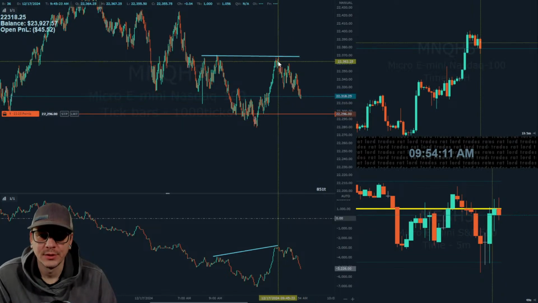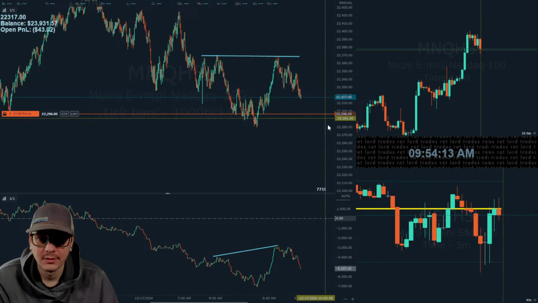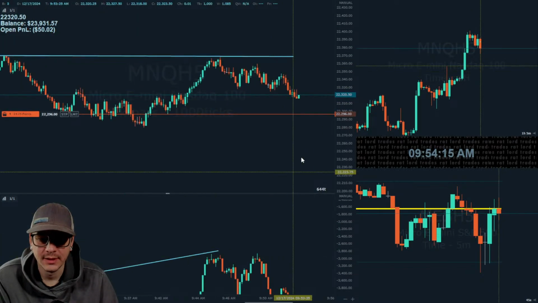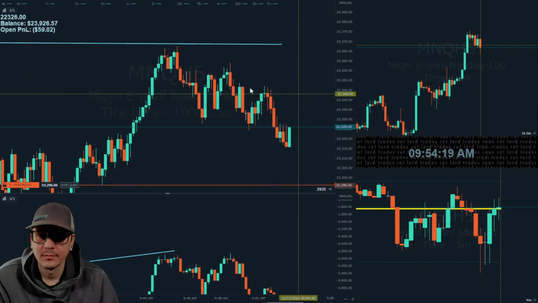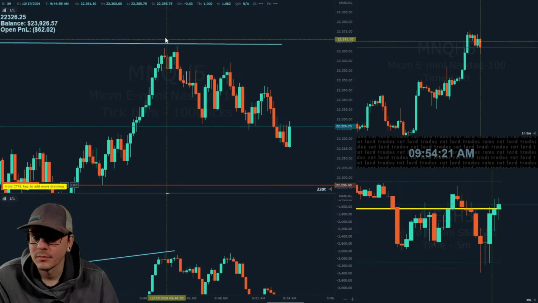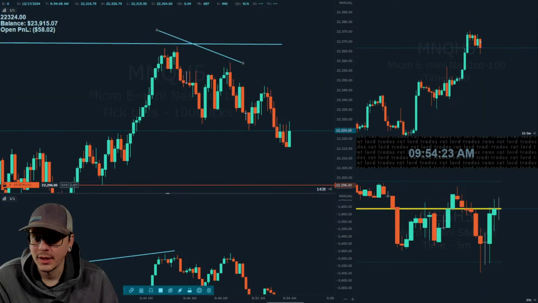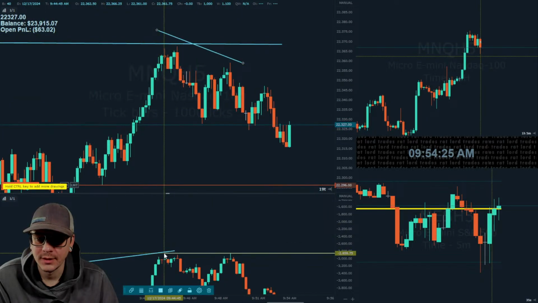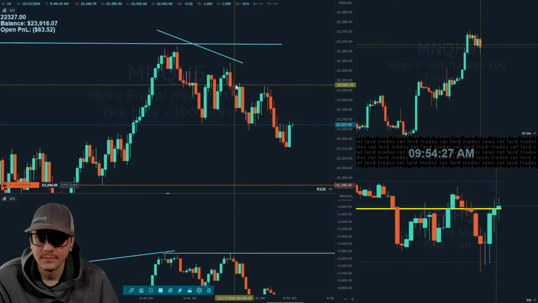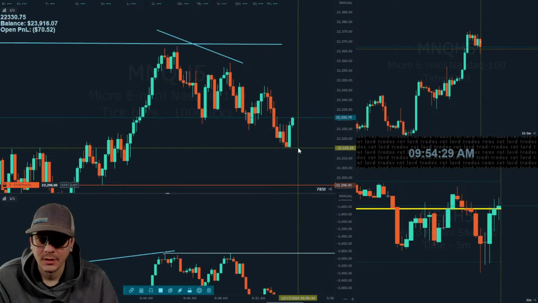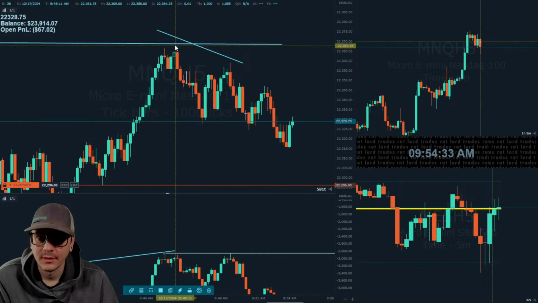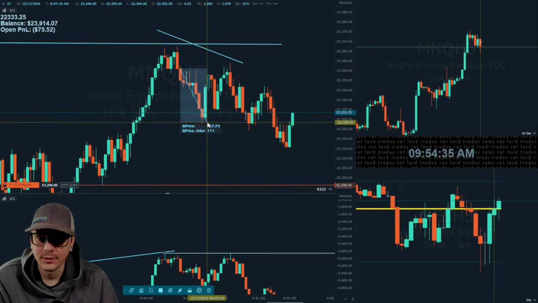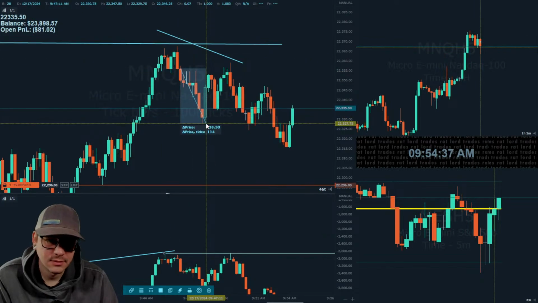This was a shorting opportunity way up here, and then even zooming in, we had a lower high there with equal highs on delta. 34 points from that one, and off of this one back here went straight to 28.